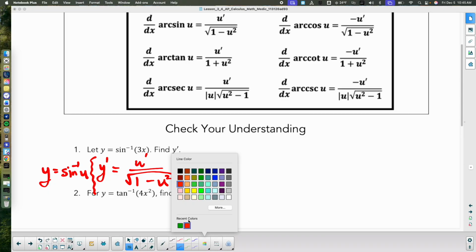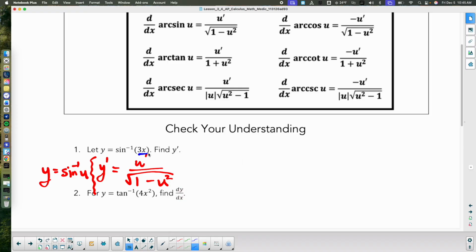It's basically just whatever is written in this parentheses. So 3x is the u. So our derivative is going to be square root of 1 minus, and then make sure you put the 3x in parentheses, because then when you square it, it would be 9x squared.